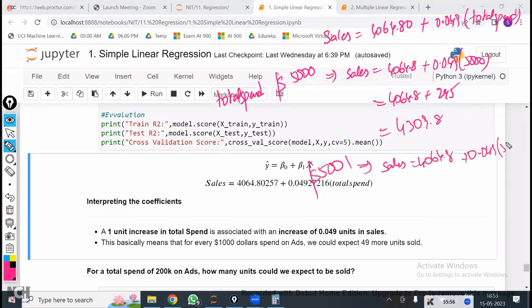Then 0.049 into 5,001. Now what is this value going to be? It is 245.049. Obviously the change will be 0.049, the same as the slope.